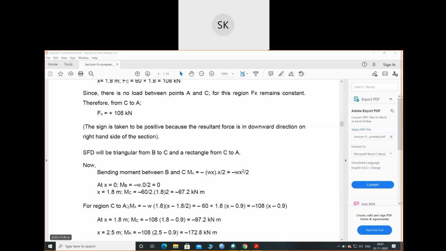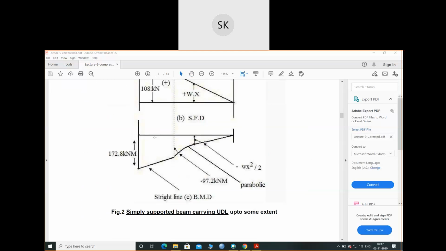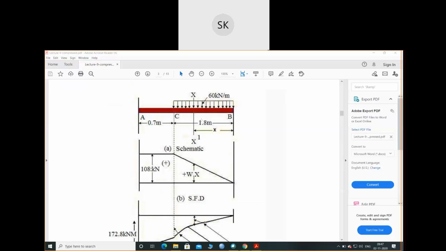And from region C to A, this will be the bending moment: W into X into (X minus 1.8) by 2. For bending moment, the whole length will have two sections, one section here and one section here. For this section, suppose this is my X and this is 1.8.